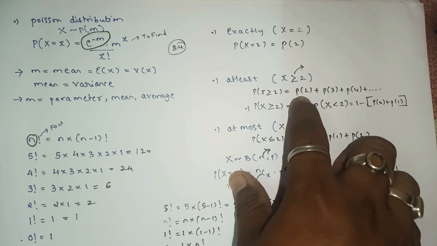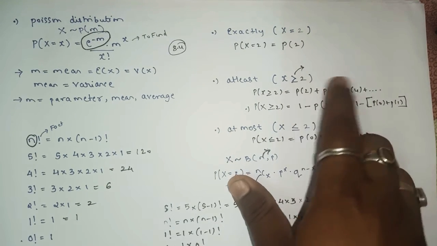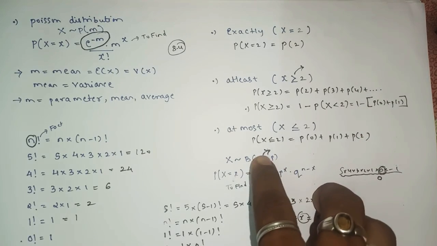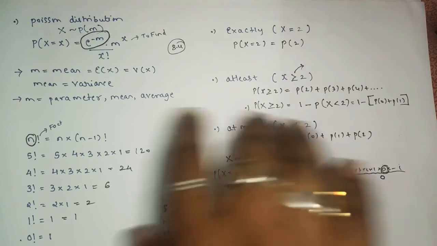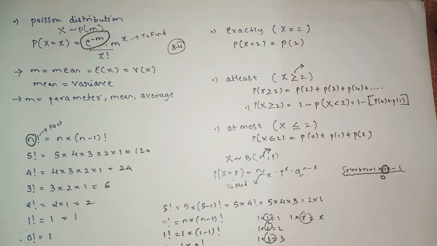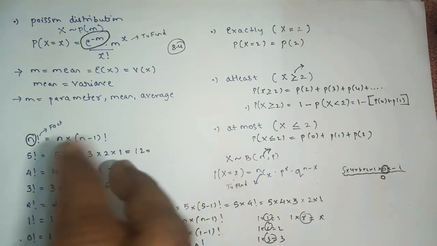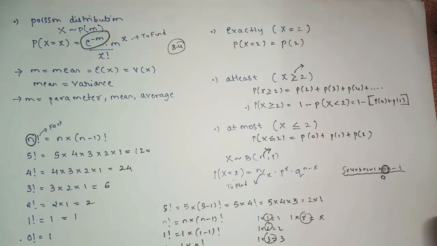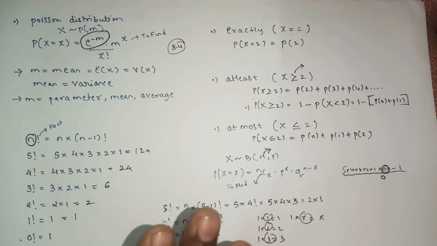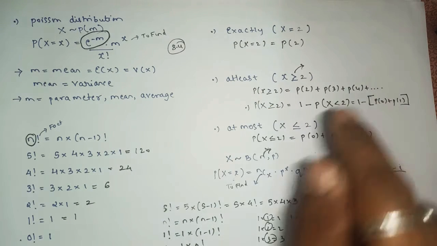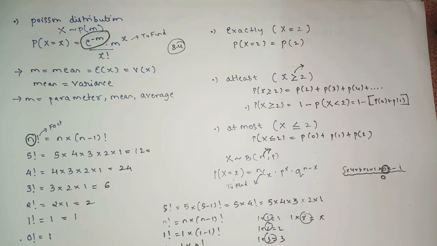But in the binomial distribution we used to know till where to consider, because it depended on the value of n. Here we cannot guess; sometimes we can and sometimes we cannot. So in simple language, whenever you come across the word at least, apply the shortcut one. So let's begin with the first sum.